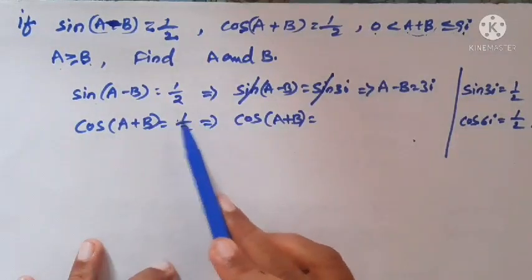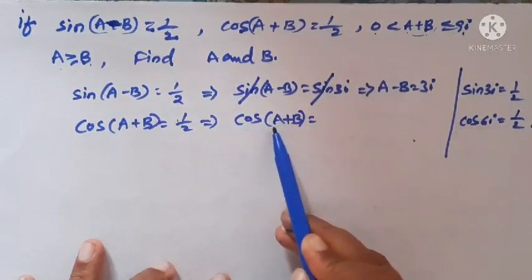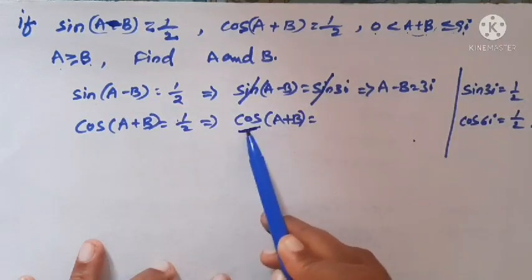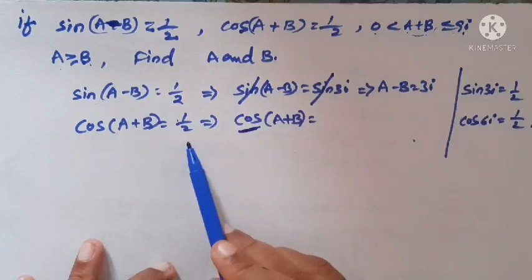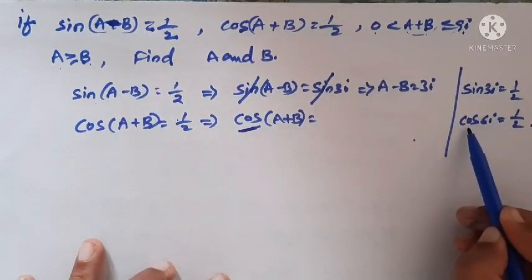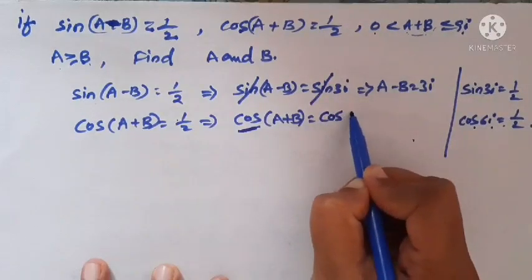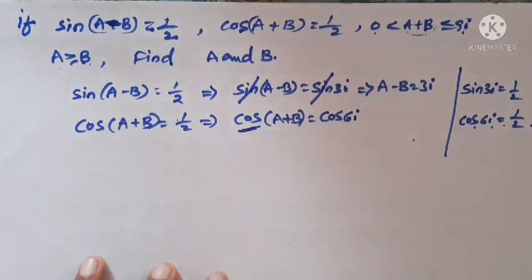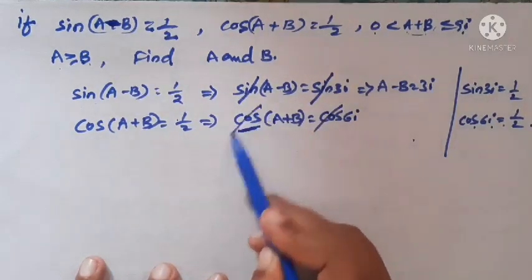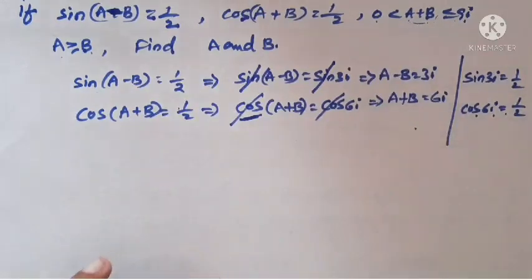So instead of 1 by 2, write cos 60 degrees, because here the left side is given as a cos ratio. So you know that cos 60 degrees equals 1 by 2. And cancelling cos, you will get A plus B equals 60 degrees.